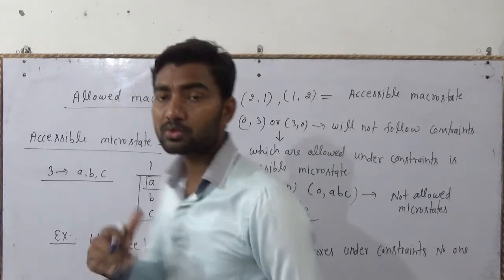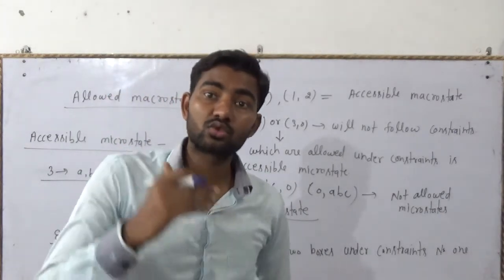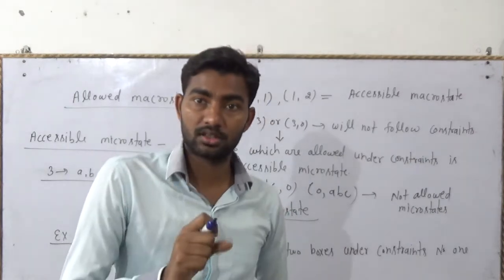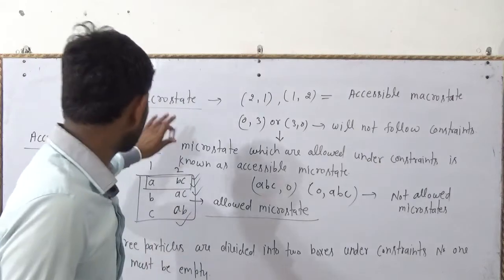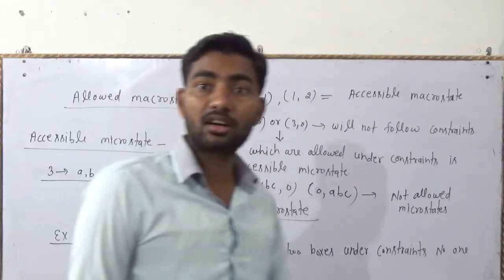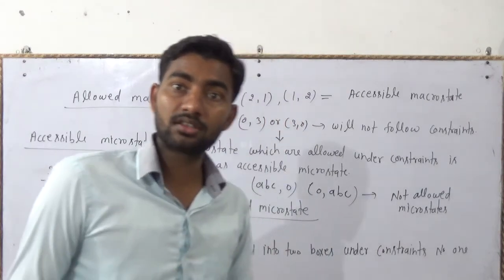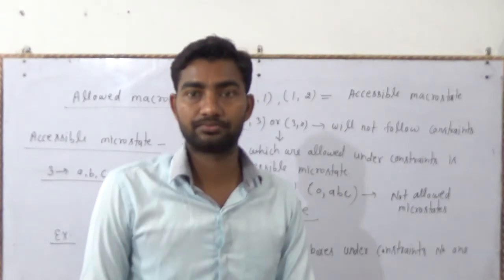Friends, as we have told you, microstates are divided into two parts. First is the accessible microstate. Here we have discussed the accessible microstate and realized it with some examples also.